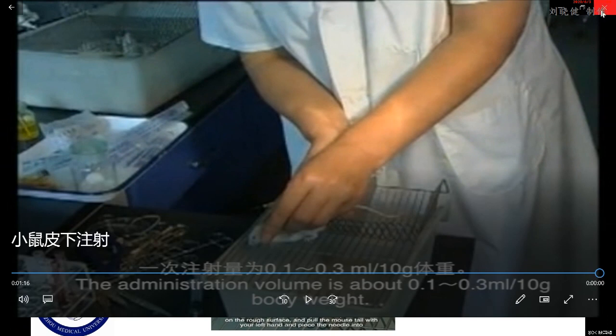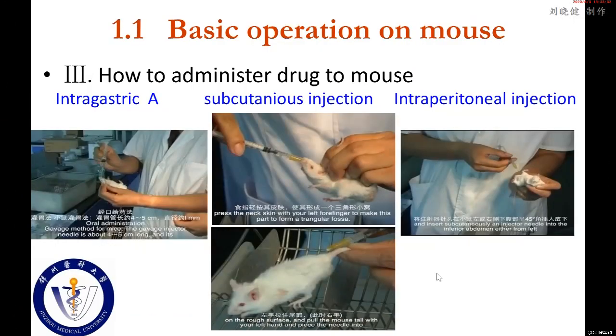You know, the body of the mouse is very small, so like intramuscular injection, intravascular injection for mouse is also very difficult. Intraperitoneal injection is much more common because the omentum and mesentery are full of capillaries. After intraperitoneal injection, the drug can be absorbed very quickly from the abdominal cavity.